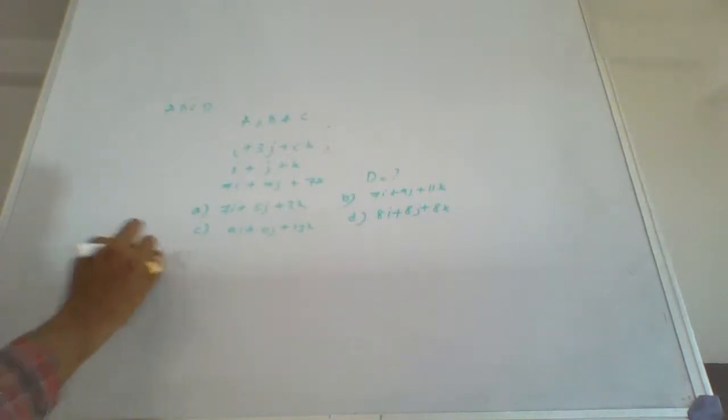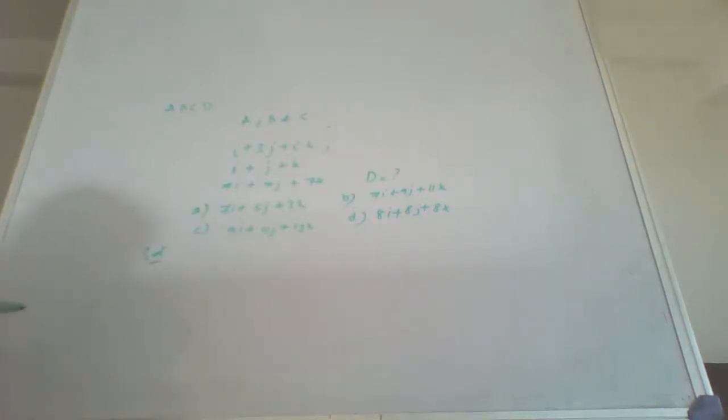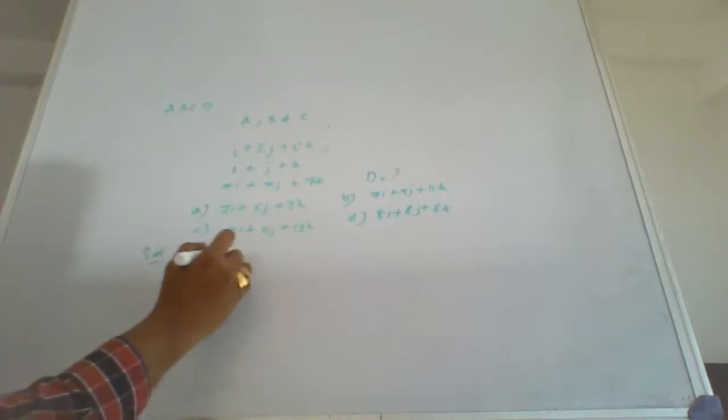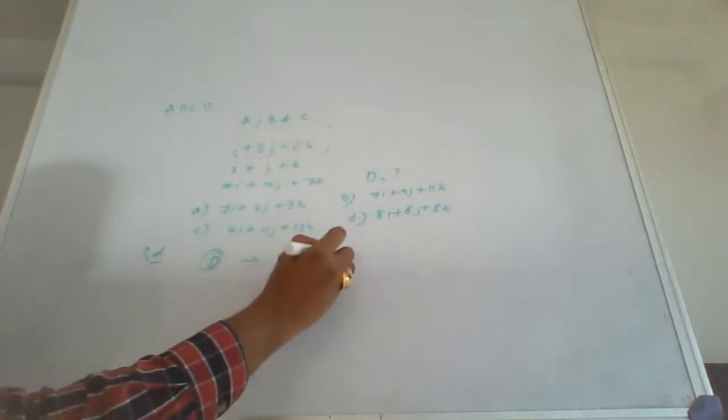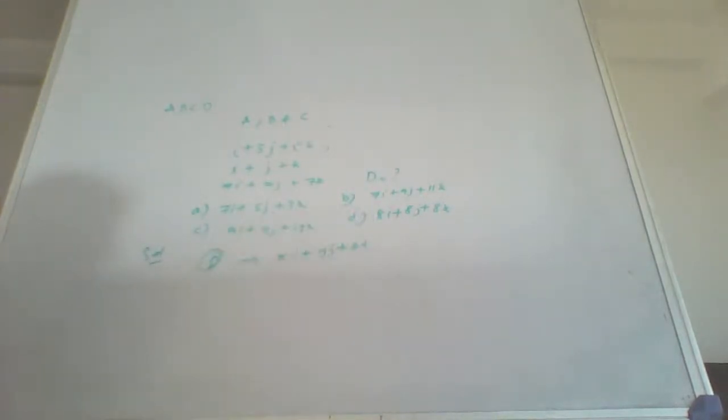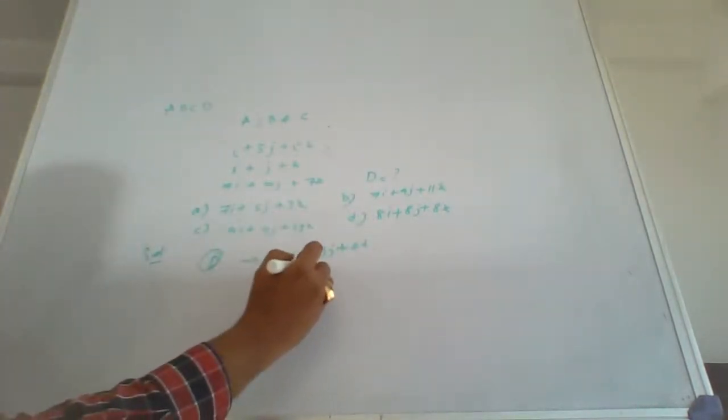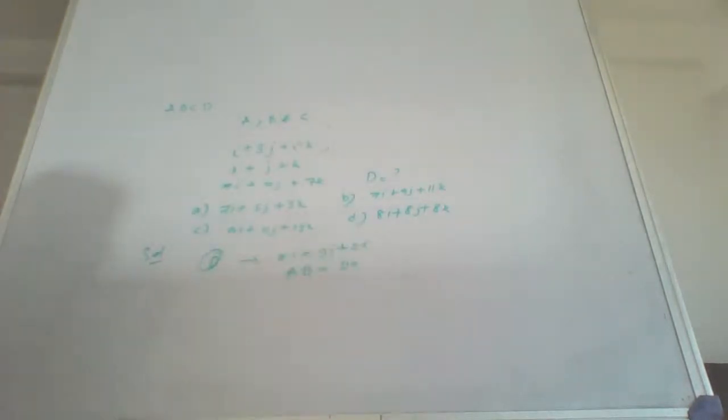So the solution for this would be, if I consider D as xi plus yj plus zk, okay, then AB is equal to DC.